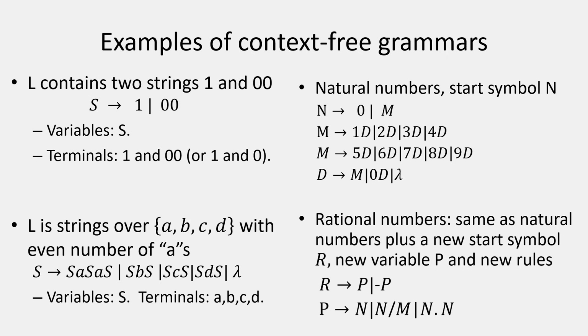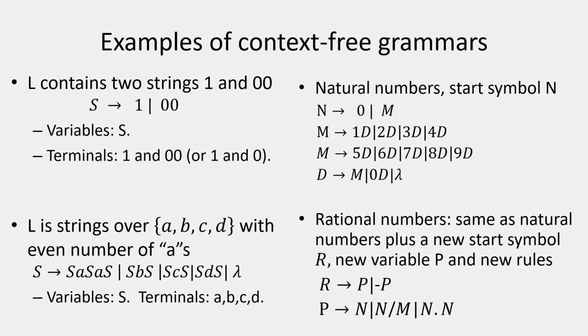So m goes to either 1 followed by something, or 2 or 3 or 4, and so on, and that something, the d, our last production rule, stands for either a digit followed by another number, and now another number can have as many zeros in as many places as you like, or it's a 0 followed by another number, or it goes back to saying it's a digit followed by a number, or it can be empty.